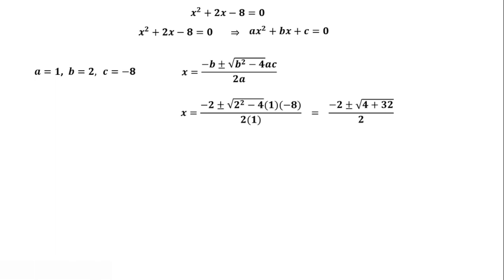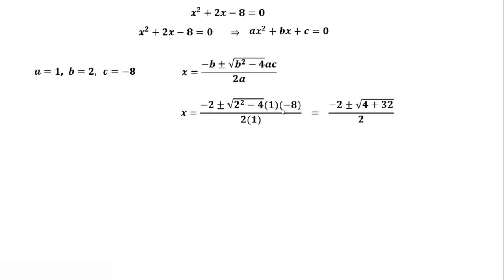So we have minus 2 plus or minus the square root of 4 plus 32 over 2. So negative 2 plus or minus the square root of, now 2 squared is 4. And negative 4 times 1 will give us negative 4.